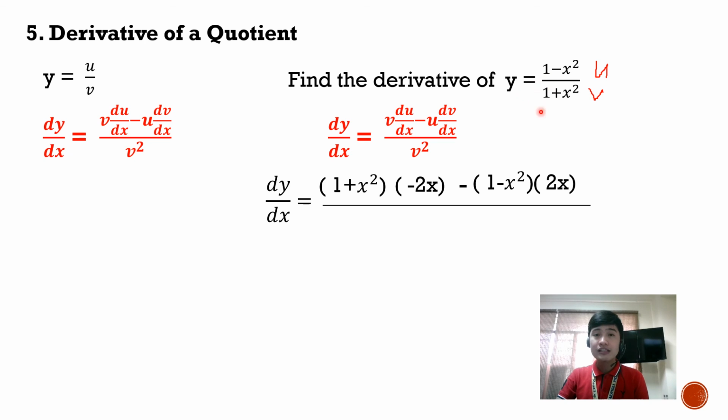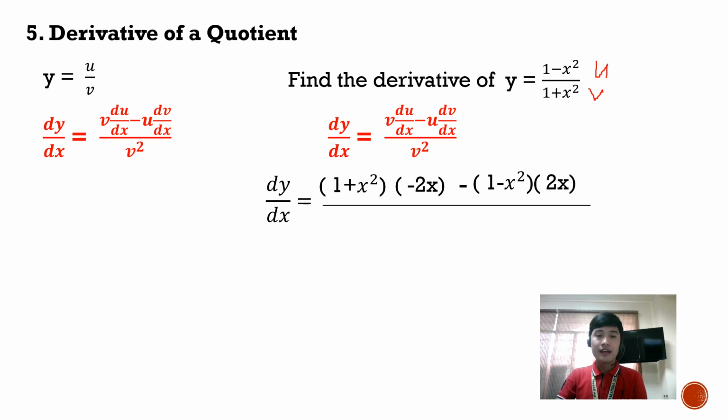Ang derivative ng constant natin na 1 ay 0, kaya nawala po siya dyan. Plus, so positive. Ang x squared natin, ang derivative niyan ay 2x. Paano po nangyari yon? So, let's try to illustrate. Baba mo yung 2, x raised to 2 minus 1. So, nangyari po dito, binaba natin yung 2, x raised to 2 minus 1. Kaya po naging 2x yung nilagay natin dito as the derivative of 1 plus x squared. Yan po yung nangyari dyan.